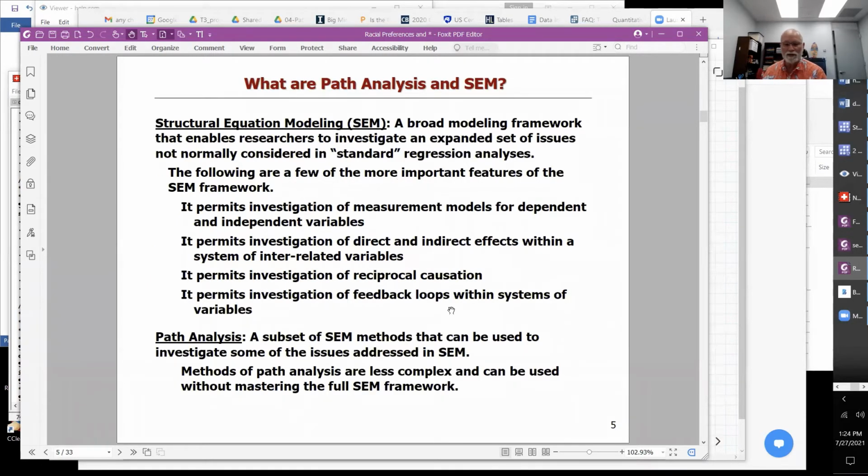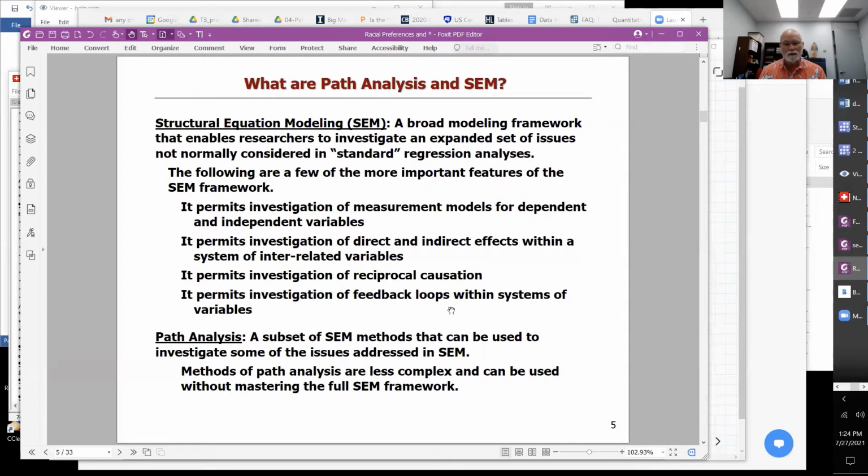So what actually are the distinctions? Structural equation modeling can be described as a broad modeling framework that allows researchers to investigate an expanded set of issues beyond what you could consider in regular or standard regression analysis.